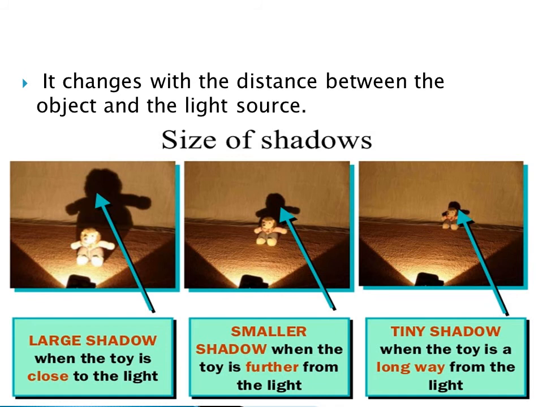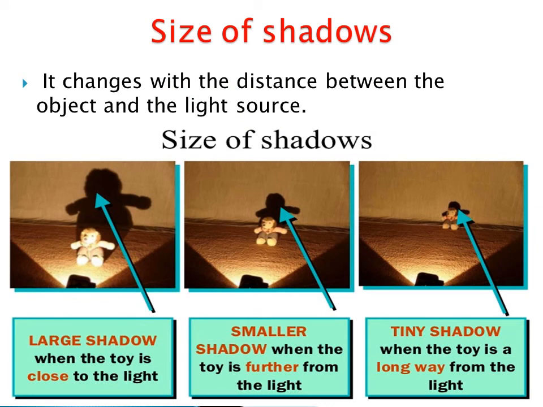And when I put the toy in the third picture, far away from the light, a very tiny shadow will form, right? So the size of the shadow changes according to what? The distance between the object and the light source.